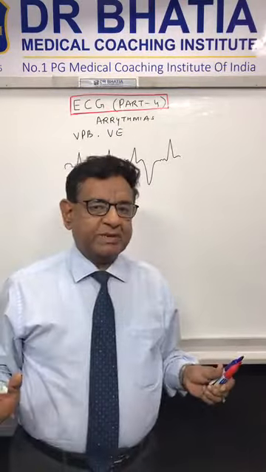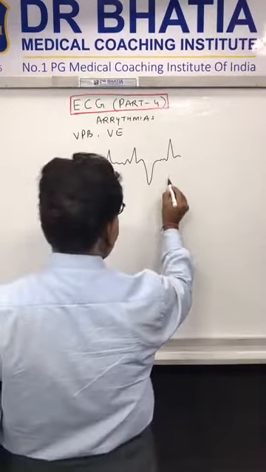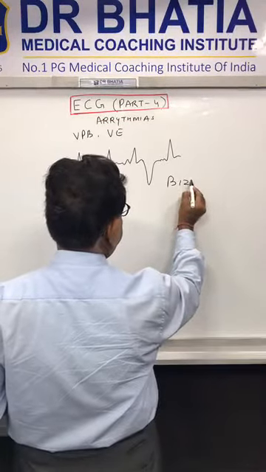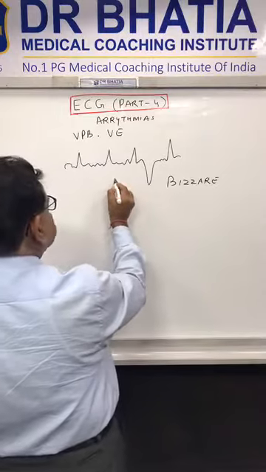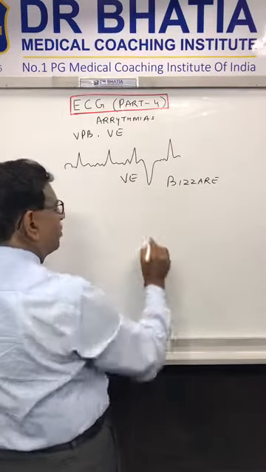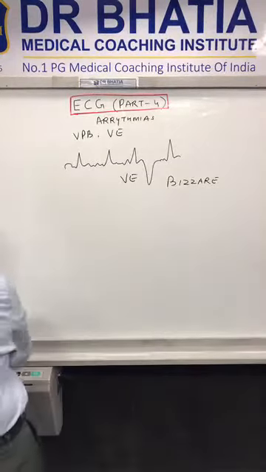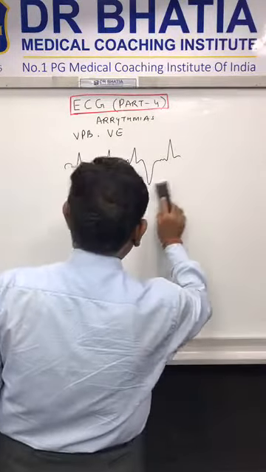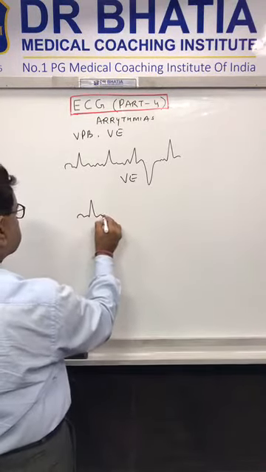It's an abnormal shaped recording, but we use the term bizarre. This is the isolated ventricle ectopic or ventricle premature beat. Nothing to worry about it.